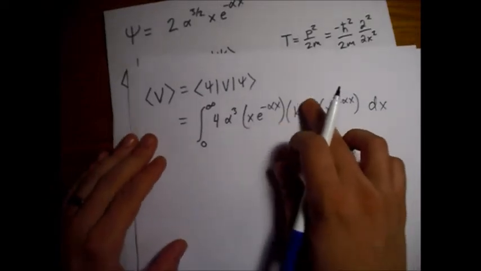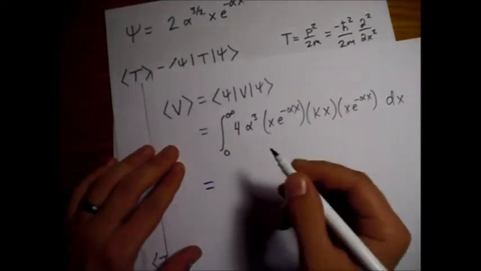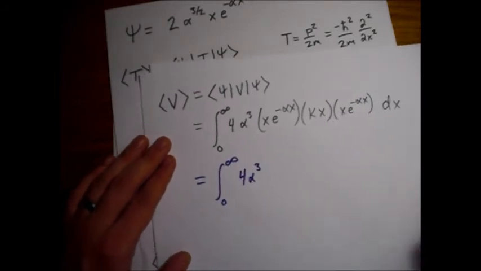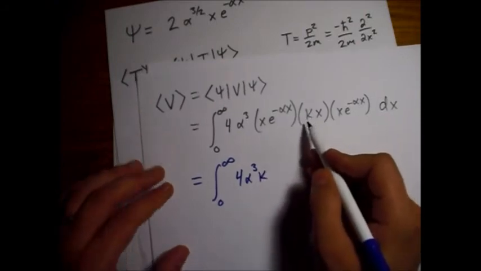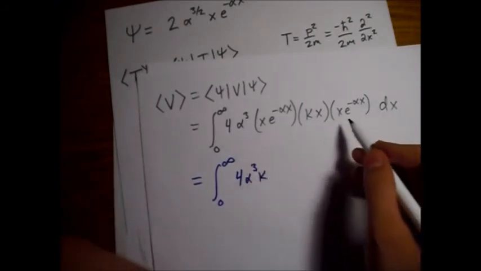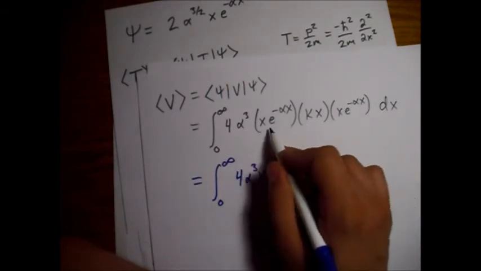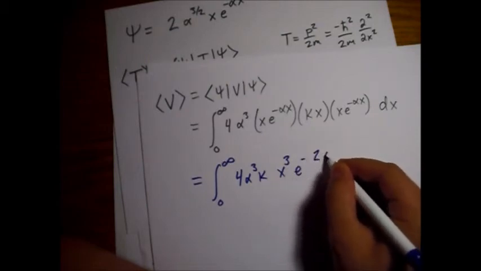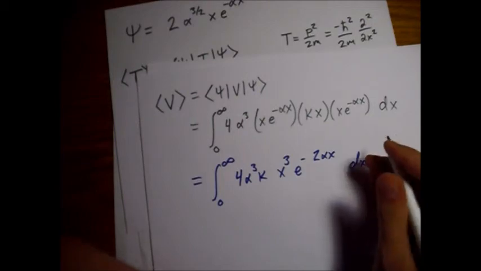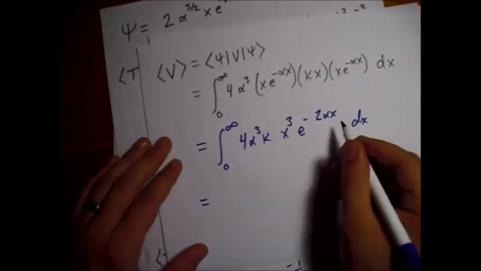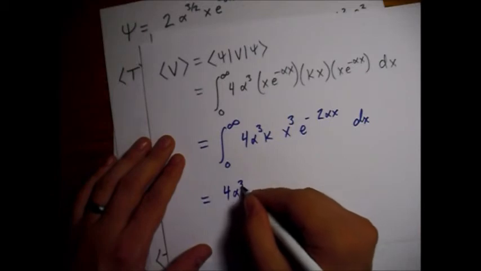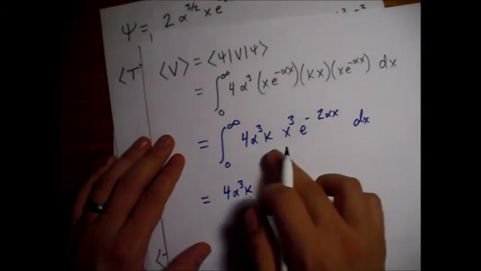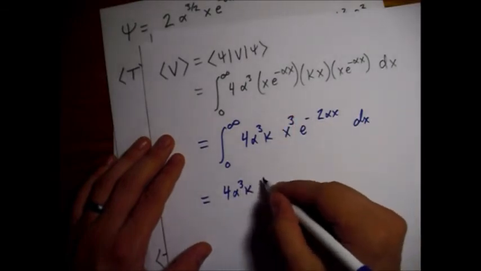Now, nothing fancy going on with this operator. We don't have to take any derivatives this time. So we have a 4 alpha cubed. We have this k, or kappa, whatever we decided it was. And then we have 3 x's, so we have an x cubed e to the minus 2 alpha x dx, which is just equal to, bringing the constants out, 4 alpha cubed k, and then what's left is our integral with the x cubed inside, which is I3.